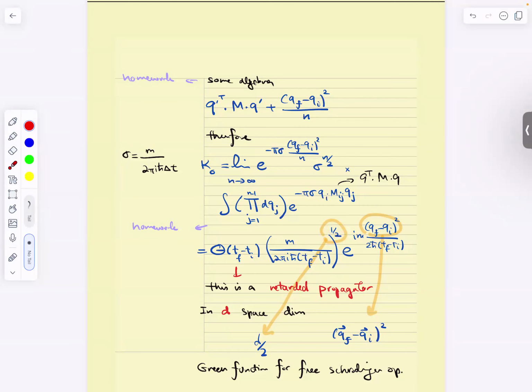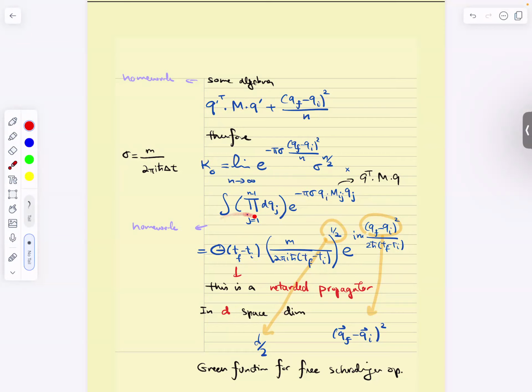For those of you who take QFT2, these expressions will come back all the time. Actually, later in this course as well. And then this is the extra bit. So the result of this part of the integration basically gives us this part. There are things to pay attention to.